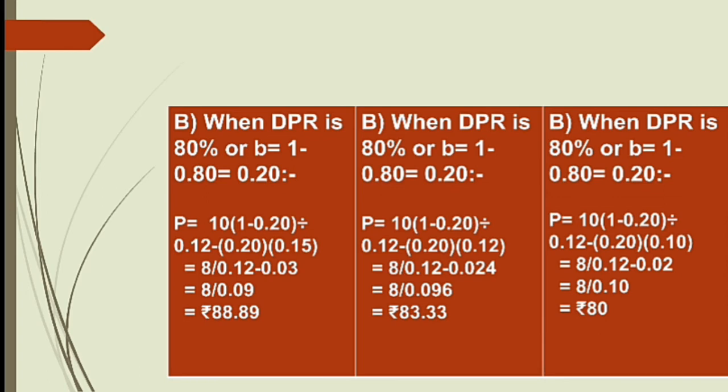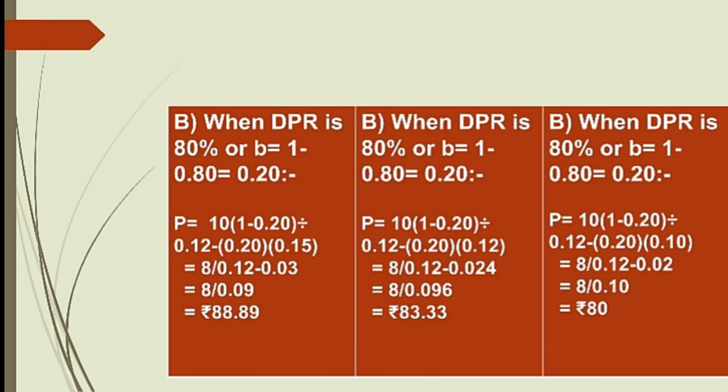Now the third condition, when R equals 10%. Dividend payout ratio is 80% and B's value is 1 minus 80%, that is 0.20. So P equals 10 multiplied by 1 minus 0.20, divided by 0.12 minus 0.20 multiplied by 0.10.